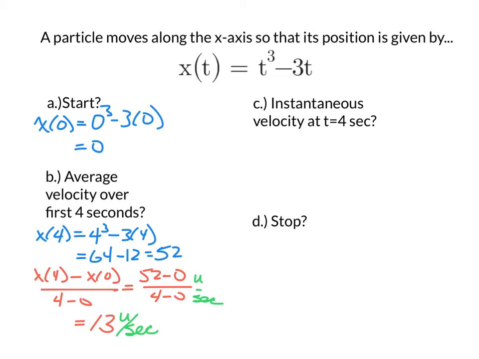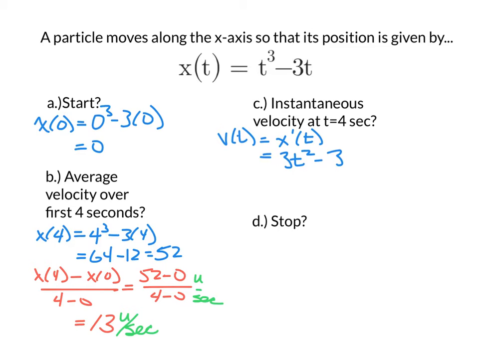Instantaneous velocity, on the other hand, is a derivative. And so to find the velocity function, we have to take the derivative of the position function. In this case, the derivative of t cubed is 3t squared, and the derivative of 3t is 3.